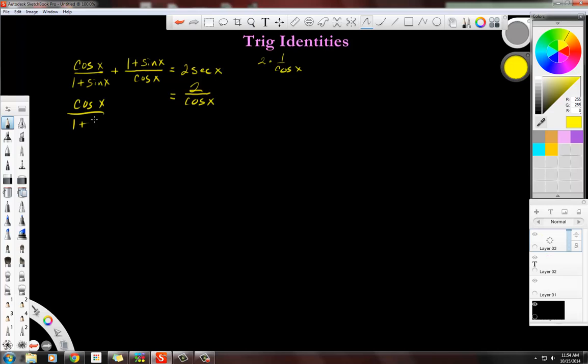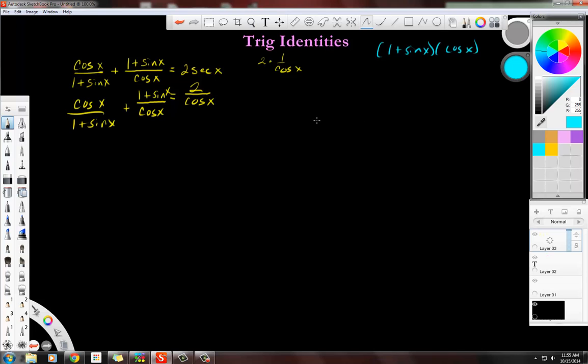Bear with me a second. Kind of space this out a little bit. Not quite as much as I wanted to space that out, but there we go. And I need to make these denominators have both of these in common. In other words, I need the denominator to be 1 plus sine x times cosine x. That's what I want the denominators to be.